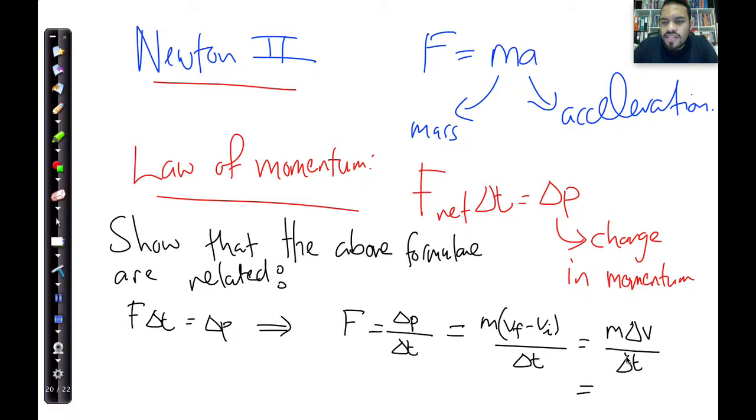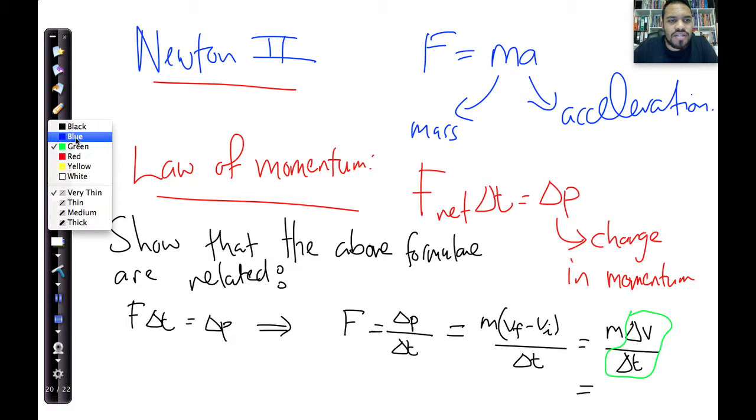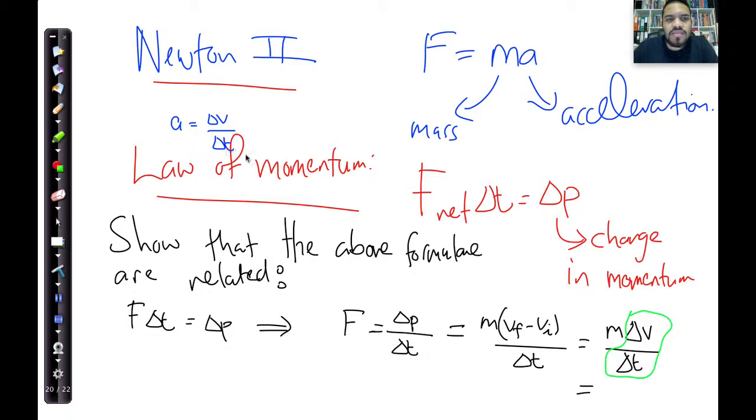Now if you look closely, this part over here, delta v over delta t, is something you may remember from grade 10. That is acceleration: a is equal to delta v over delta t. And this is something you need to be able to do, to convert the law of momentum into Newton's second law.